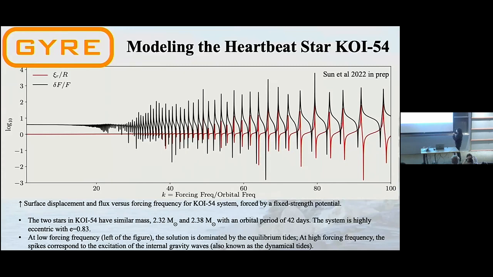When the ratio between the forcing frequency and the orbital frequency is near 20 to 30, this region is dominated by the excitation of the dynamical tide, but radiative diffusion damping plays an important role here, so the flux variation is not that big. Let's move to this region. If we force the primary star at a very fast rate, that's the excitation of the dynamical tide, and the response here is weakly damped, or non-damped, by radiative damping.